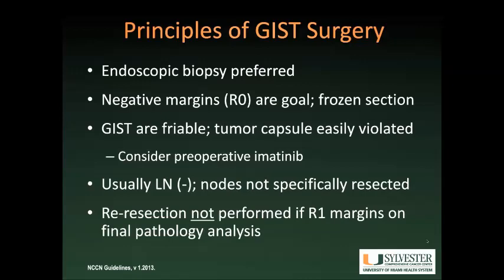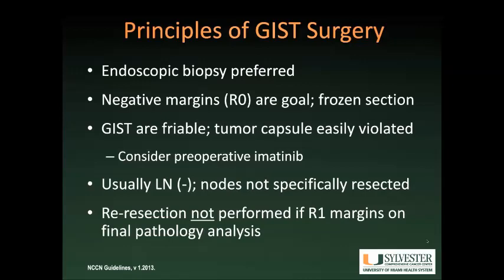We try to avoid it at all costs. So sometimes with larger tumors or friable looking tumors, we do use preoperative imatinib therapy to try to kill tumor cells, to try to enhance the ability to perform organ-sparing surgery, as well as to minimize the probability of tumor rupture.